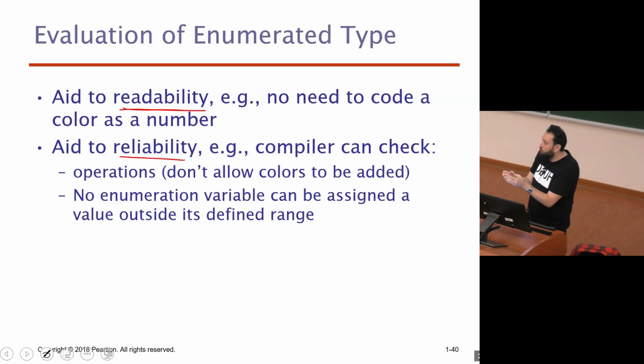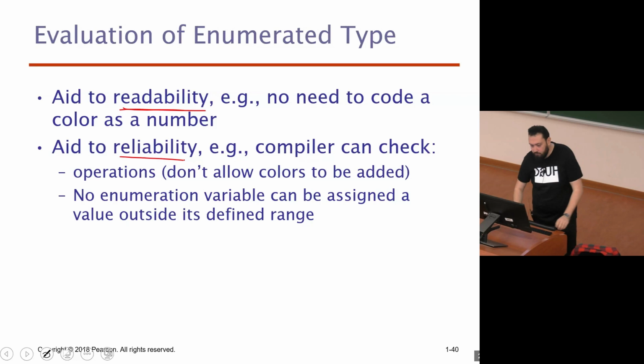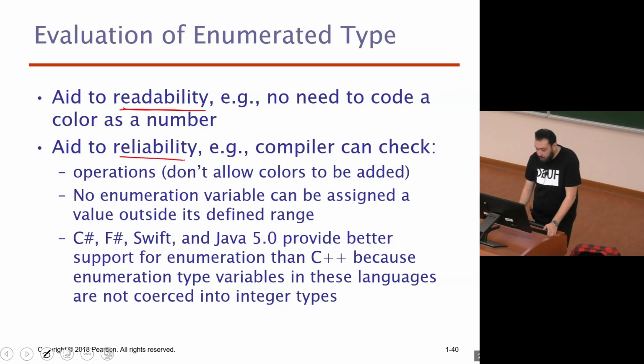So this is where you, as a programmer, are going to assess this programming language based on these things. Now, as you can see here, for example, C#, F#, Swift, Java provide better support for enumeration than C++. So let's see an example here.